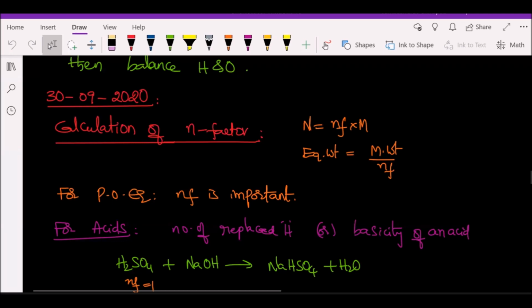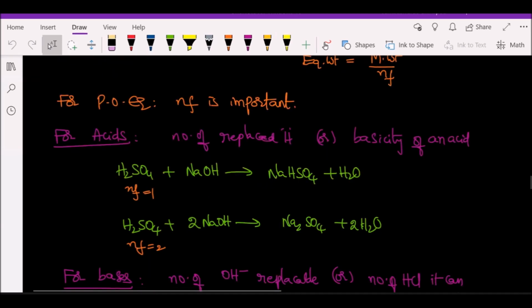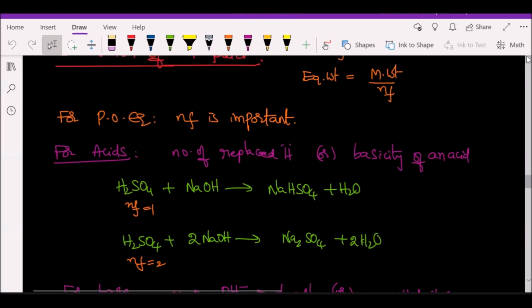Mr. Altaf: Sir, how is the n factor of H2SO4 1? Can you please explain? See the two reactions. If you look at them, you will get clarity, Mr. Altaf. Are you seeing the screen now? Yes, sir. The two reactions are given now. In the first reaction, how many hydrogens got displaced? Sir, it is 1.